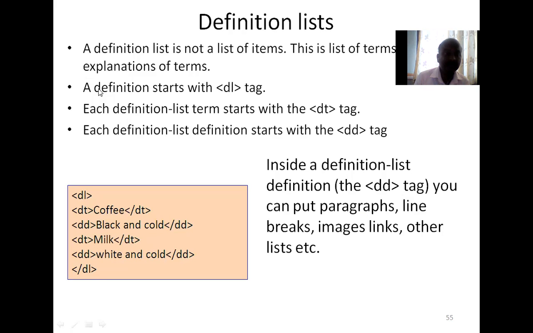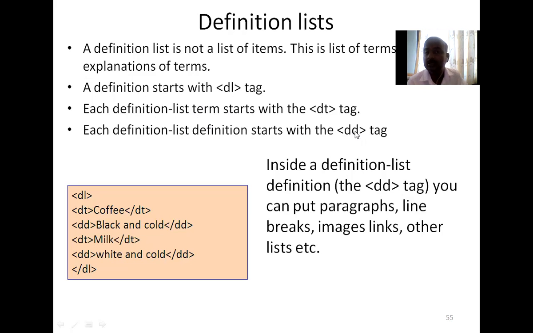So here DL is for the definition list, and DT is the definition term. DL starts the definition list, each definition term starts with DT, and the definition description starts with the DD tag.